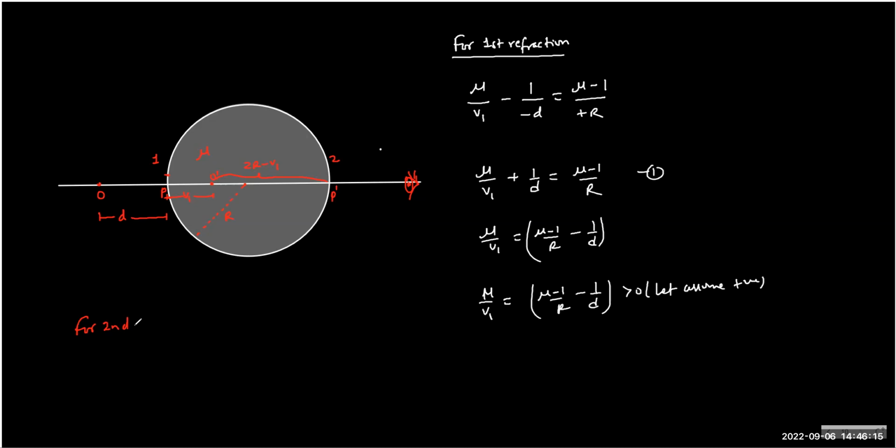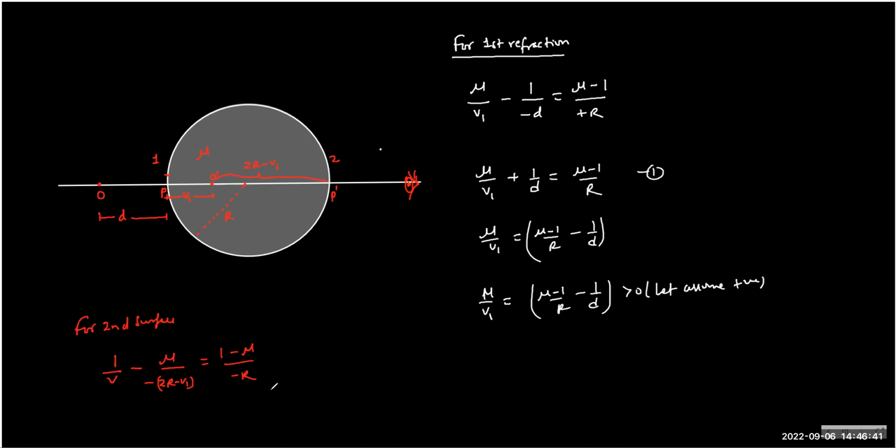So for the second surface, what can we write? Mu2 by V, which is the final answer, minus mu1 by u, which is 2R minus V1 with minus sign, equals mu2 minus mu1 by R, which is minus R.